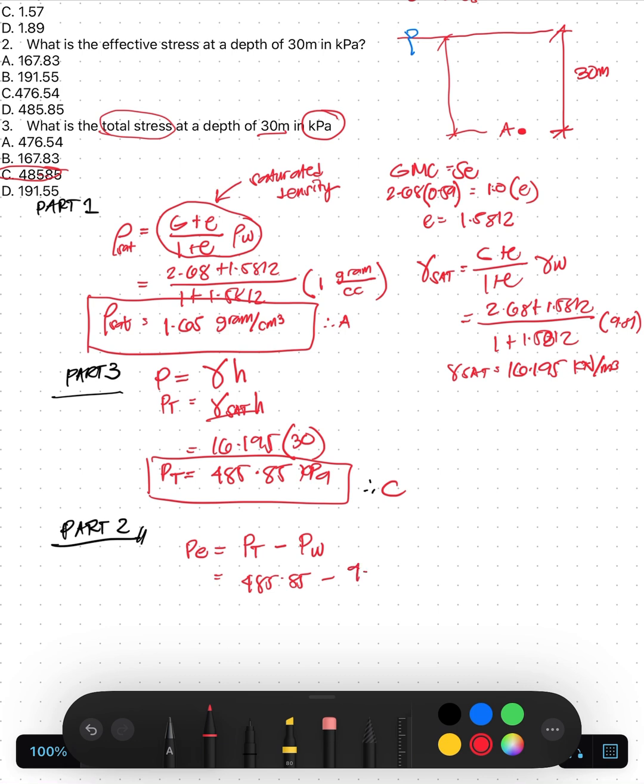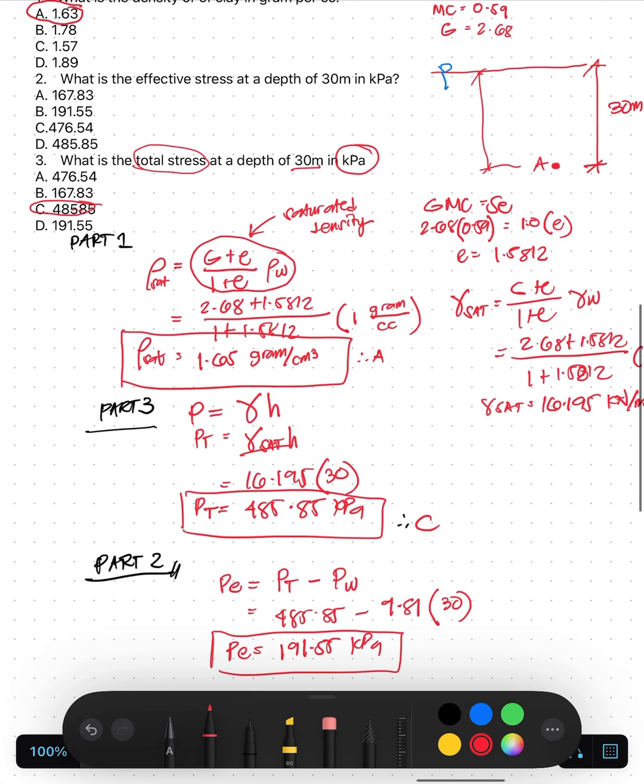So that is 9.81, the unit weight of water, times 30. So the effective stress is 191.55 kPa. So that is letter B.